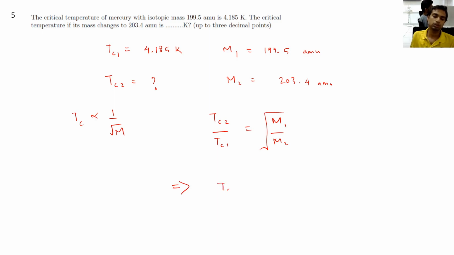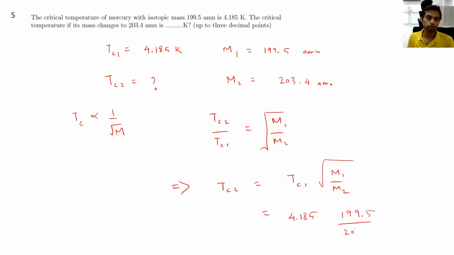So Tc2 is equal to Tc1 times the square root of m1 over m2. Tc1 is 4.185, m1 is 199.5, divided by m2, which is 203.4, and we take the square root of that.